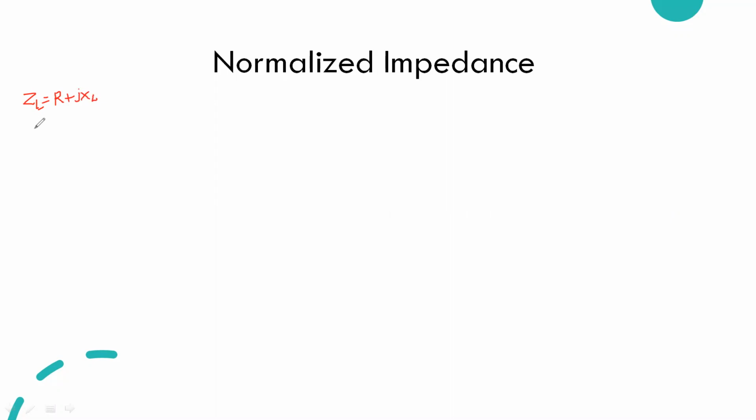For the normalized value, let us assume a small z L, which is equated to the relation ZL by Z0, where Z0 is called the characteristic impedance. Using this relation, we obtain the normalized impedance, which I am writing in small terms as R plus jX. Here, X can be the inductive part or the capacitive part.